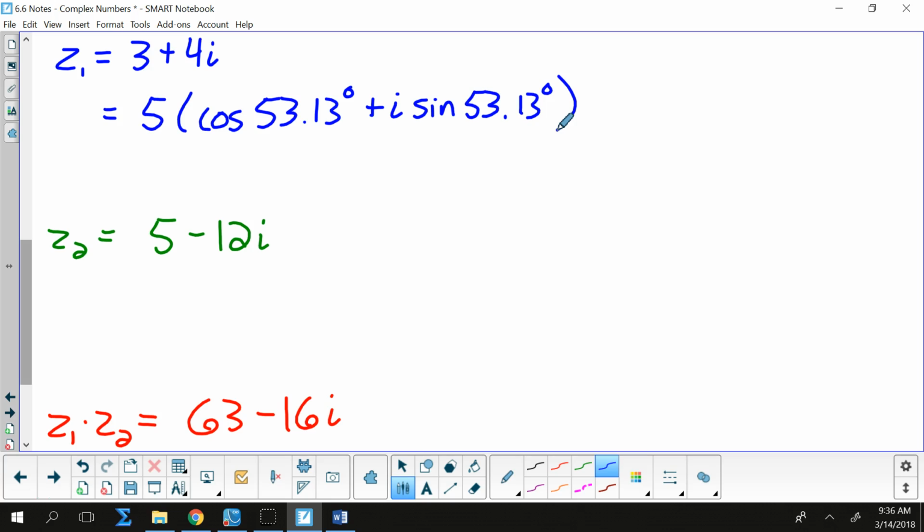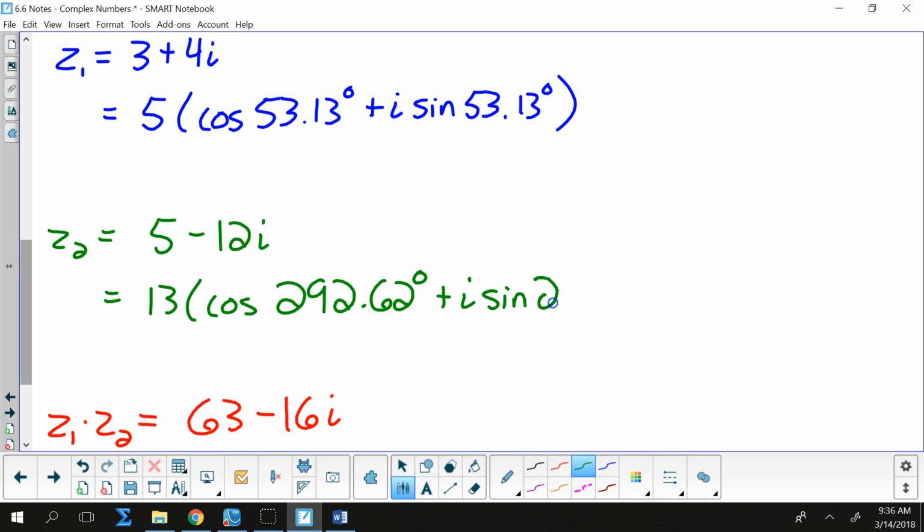Okay. Z sub 2, folks. What did we get there? Somebody in the z sub 2 range. Ben's got it? What do you got, Ben? 13 times the cosine of 292.62 degrees plus i sine 292.62 degrees. Okay.